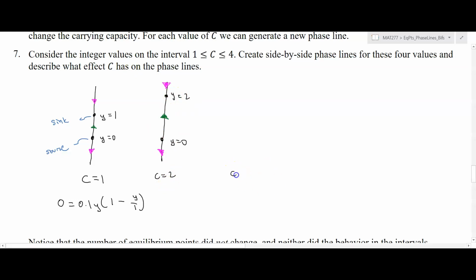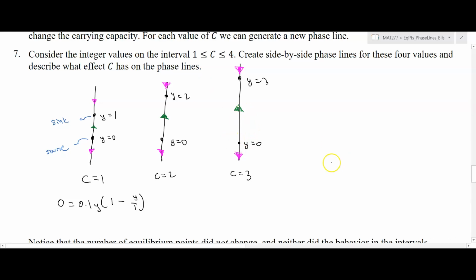For c equals 3, you guessed it, we're going to have an equilibrium point at y equals 0, and now one at y equals 3. And so what will happen, again, we could graph this and verify, but you'll have populations that want to tend to the carrying capacity, and then of course this meaningless one down here.